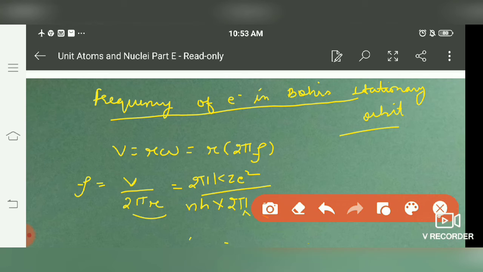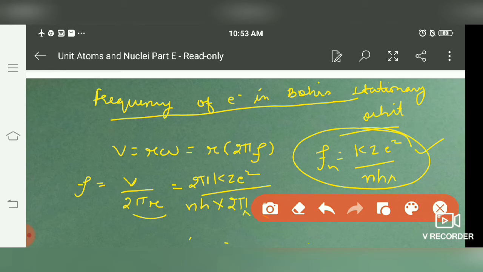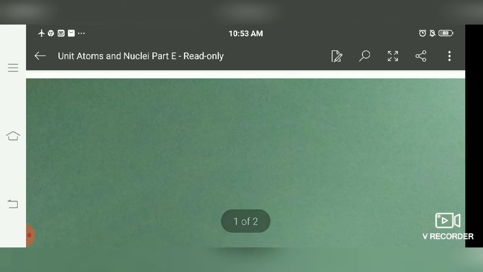By solving this we get frequency equals kZe² upon nh by r. It also depends upon n. So this is the frequency of the electron revolving around the nucleus.